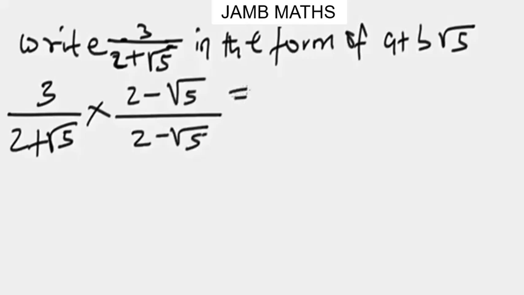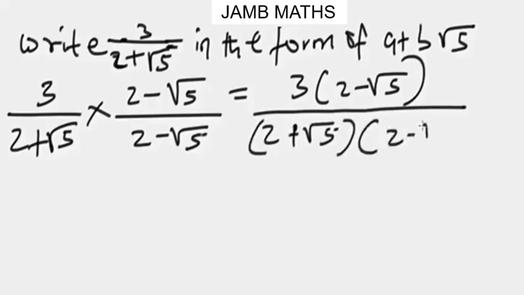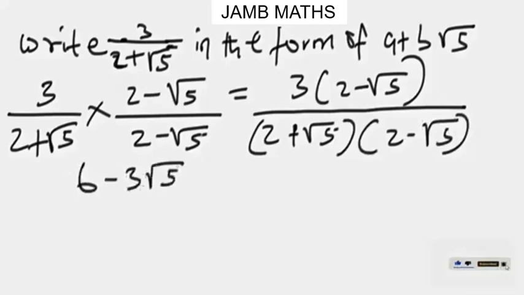When you simplify, you're going to have 3 multiplied by 2 minus root 5 over 2 plus root 5 times 2 minus root 5. Simplifying further, 3 times 2 gives 6 minus 3 root 5 over.